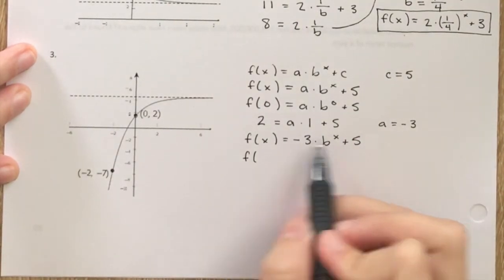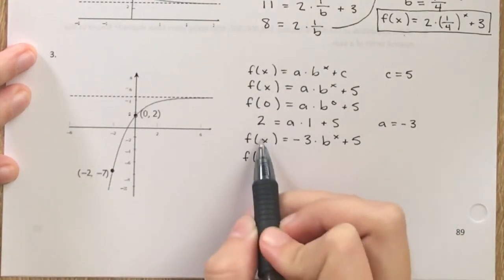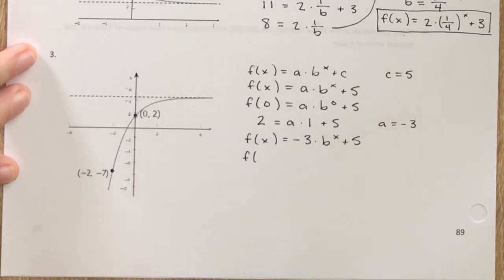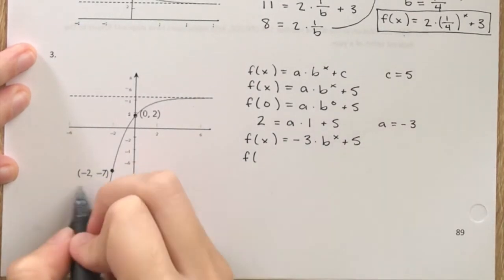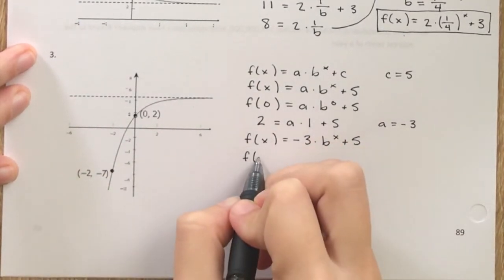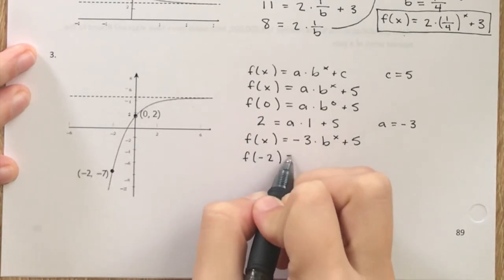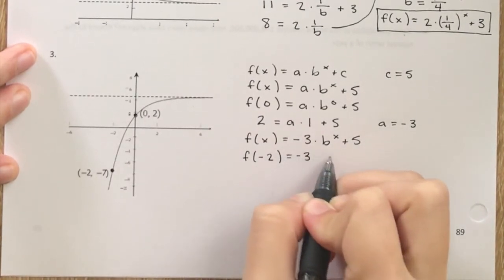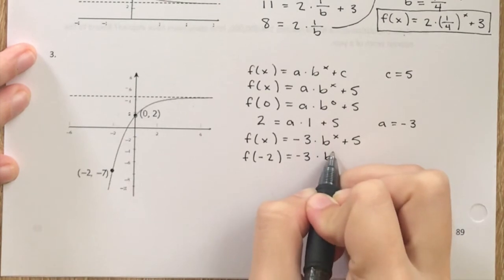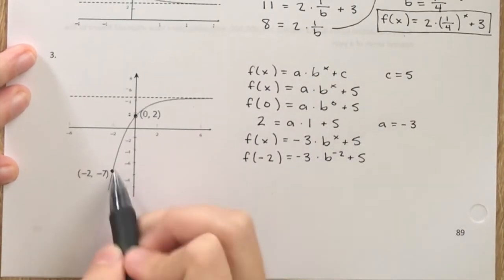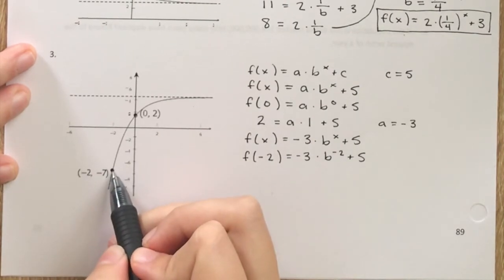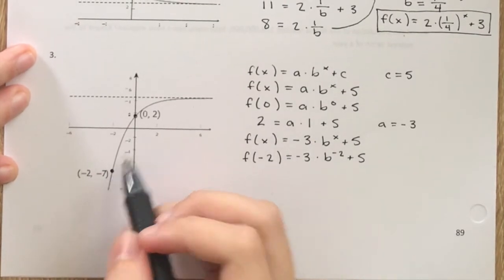So we want to plug in something for x and f of x so that b is the only variable left and we can solve for it. We can plug in any other point on the graph. Let's go for negative 2, negative 7. If you're given a point on the graph, you should usually use the point that you're given.